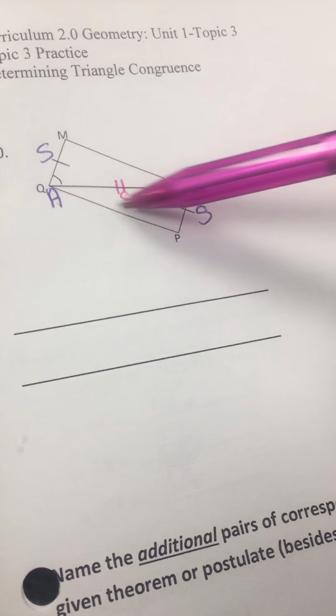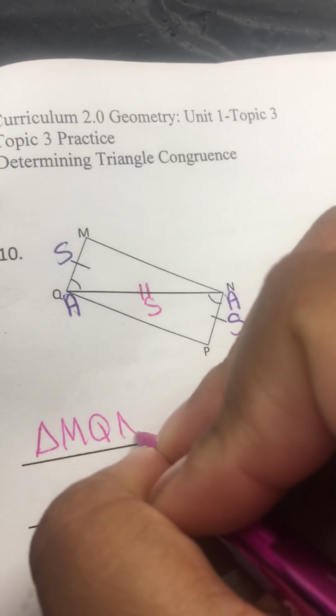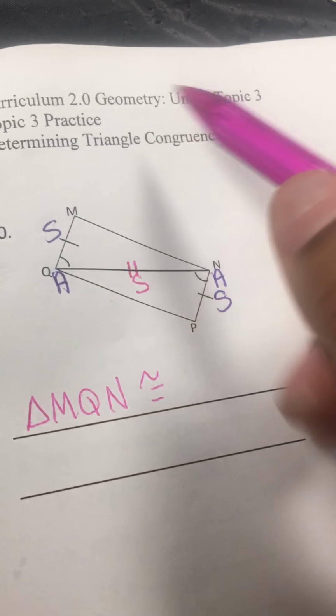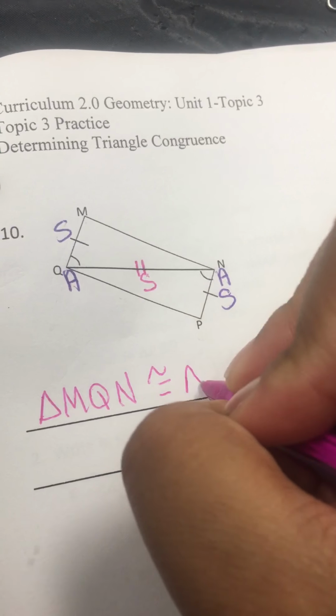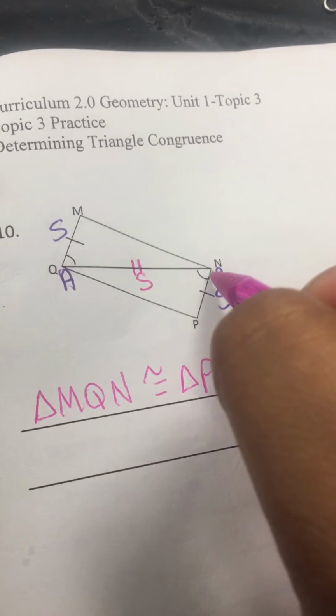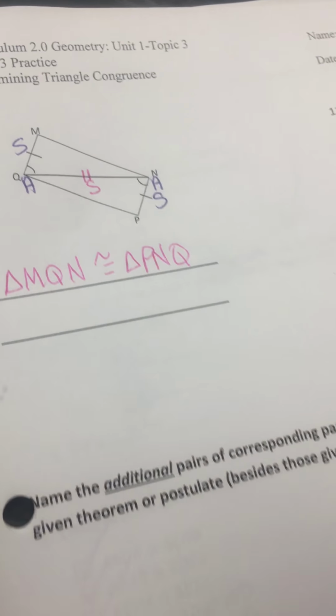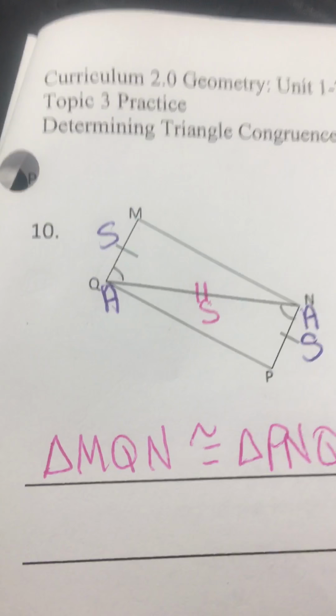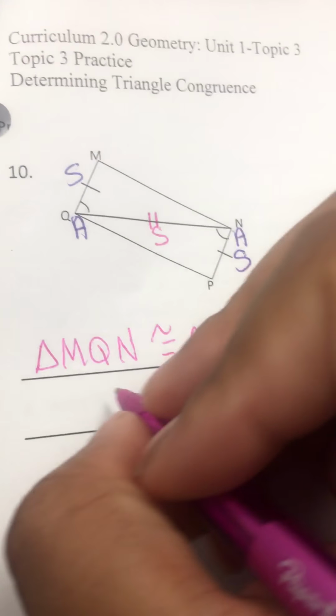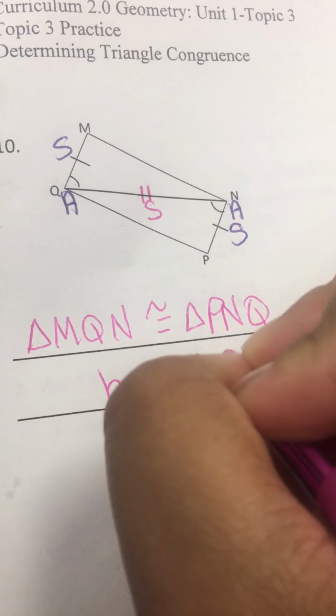So triangle MQN is congruent to, looks like M looks like P, Q looks like N, and then that would stay the same. And we say by SAS.